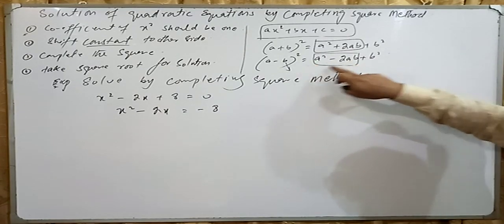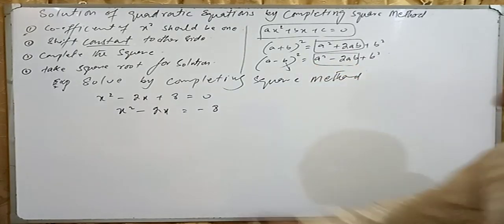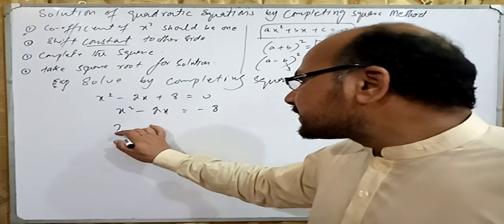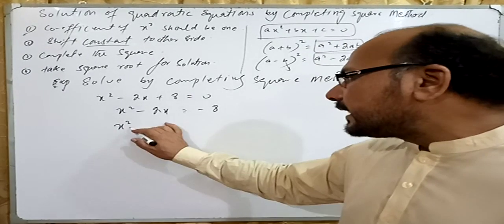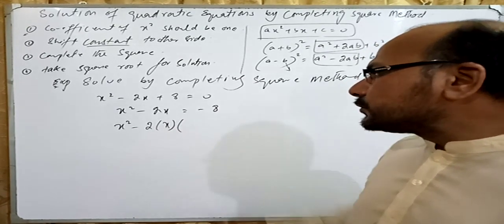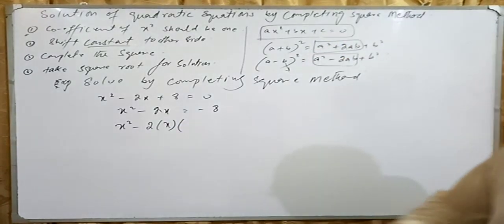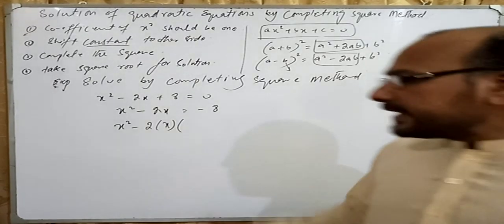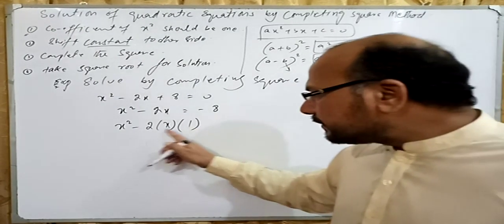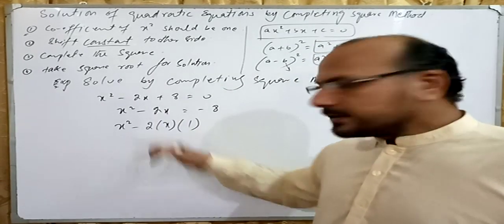Now compare with a square minus 2ab. Now x looks like a, so x square is like a square minus 2a. What is a? x. What should b be to get 2x? From here you can get the value of b. So b will become 1 because 1 multiplied by 2 equals 2.